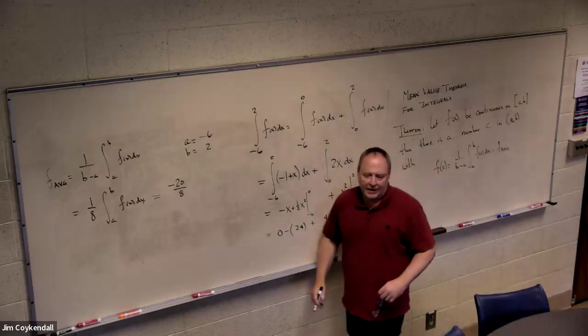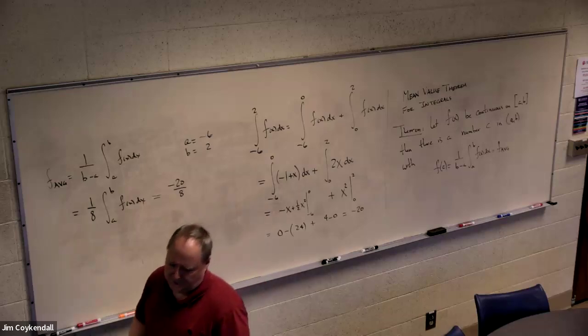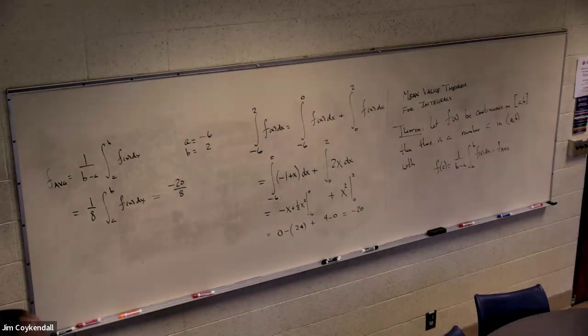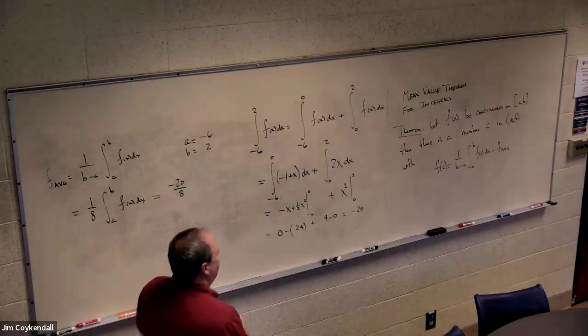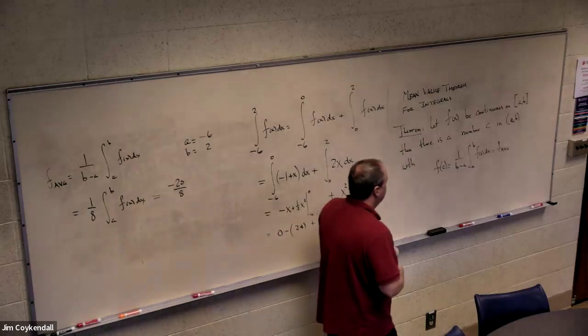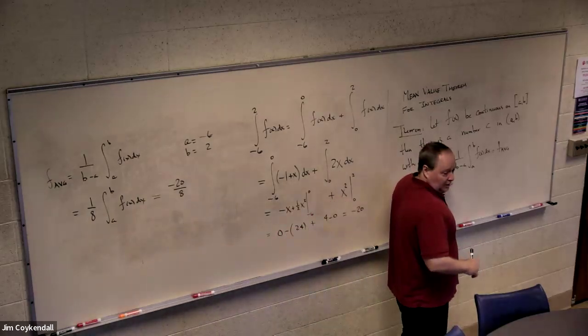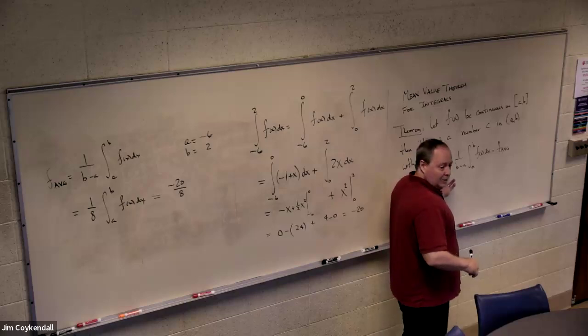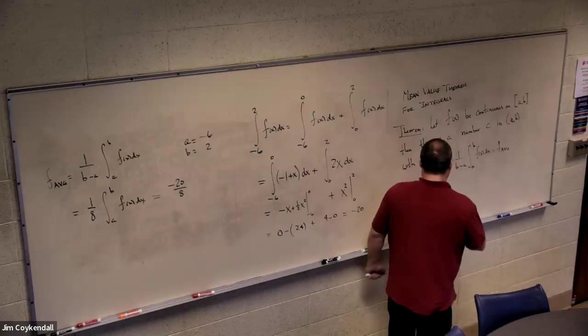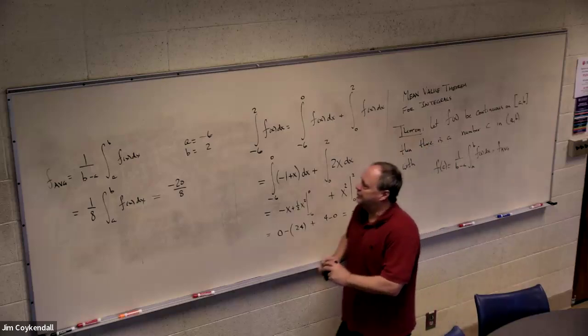In other words, if the function is continuous, then there has to be a number between a and b, called c, where the value of the function at c is exactly the average value of the function.